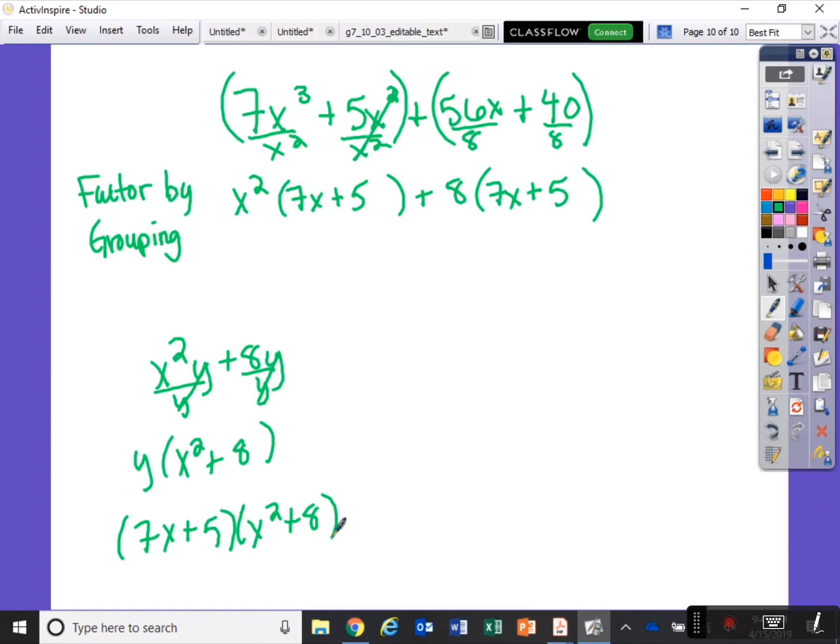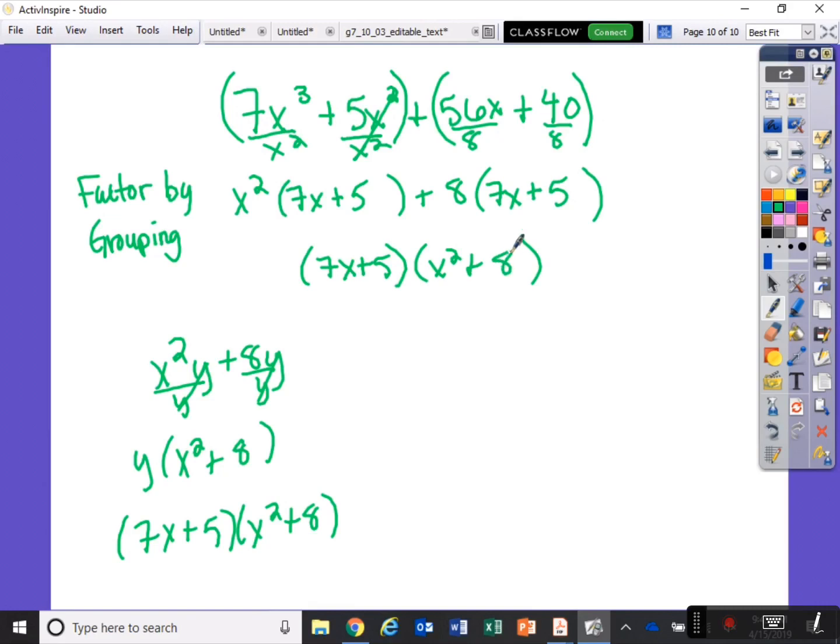These both have that parentheses in common, the 7x plus 5, so I'm going to pull it out, and it opens up a new parentheses just like it did here. What's left? If I no longer have 7x plus 5 here, what do I have? x squared. Plus, if I no longer have 7x plus 5 here, what do I have? 8.